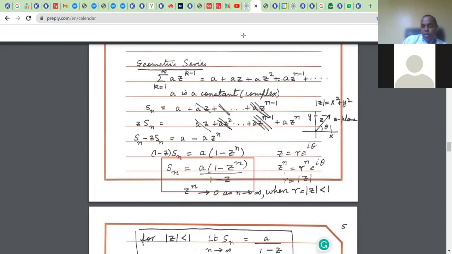Let me just show you where it comes from. If we start from some point a, and then at every step we multiply by a constant z, the number that follows a is going to be az, right? And then the number that comes after that is going to be az squared, then az cubed, and it's going to keep going up to az to the n. So we want to know what will be the sum.